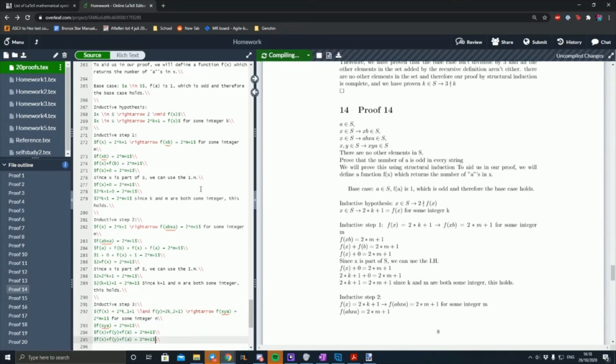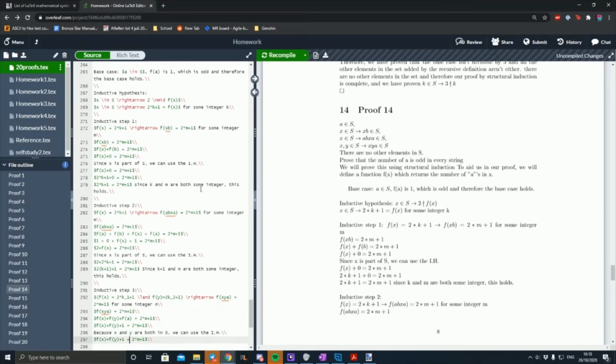We can say that this is equal to this, and then because x and y are both in S, we can use the induction hypothesis. We can call this 2 times k1 plus 1, plus 2 times k2 plus 1, plus 1.